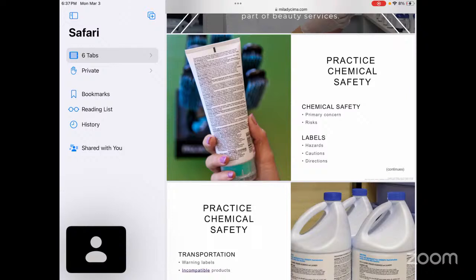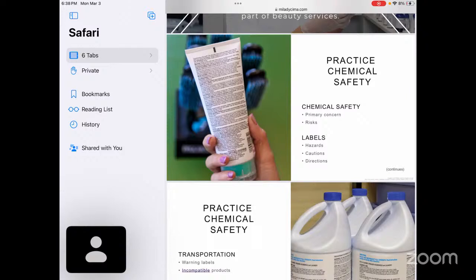The label identifies hazards, cautions, and directions, which means also, if you are making a product, we have a product making class, and you're selling it and there's an exchange of money, remember you have a responsibility to have a label on that product. You can have a little flyer with the product and it needs to say the hazards.